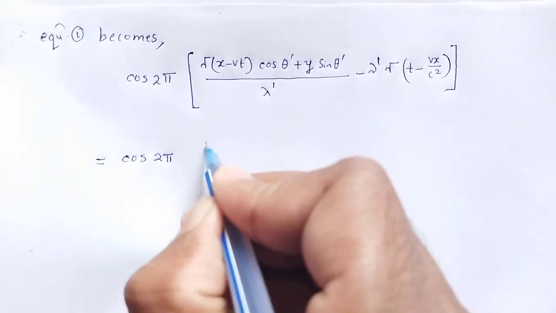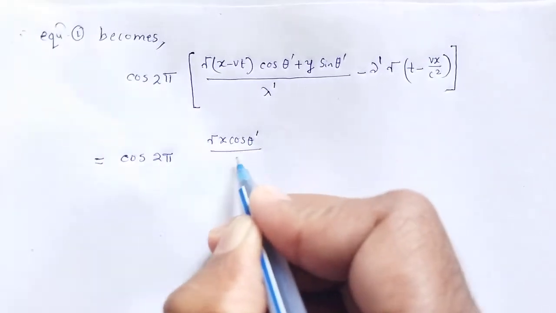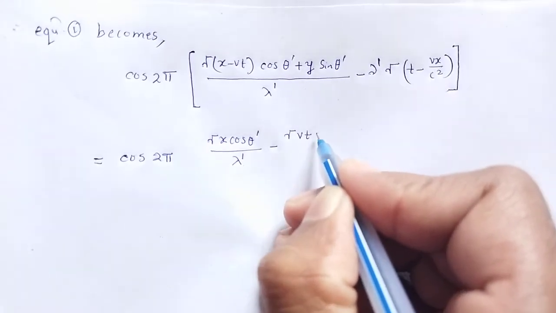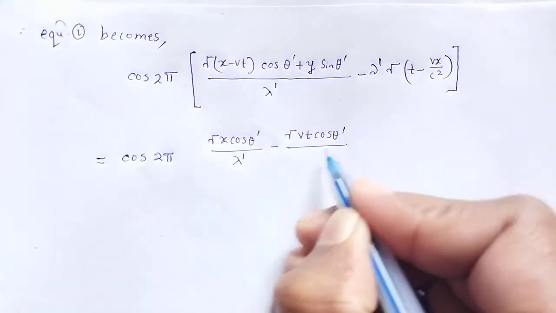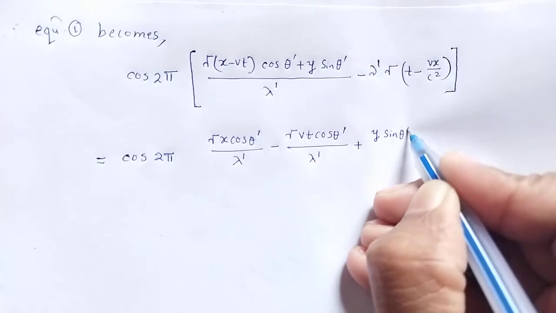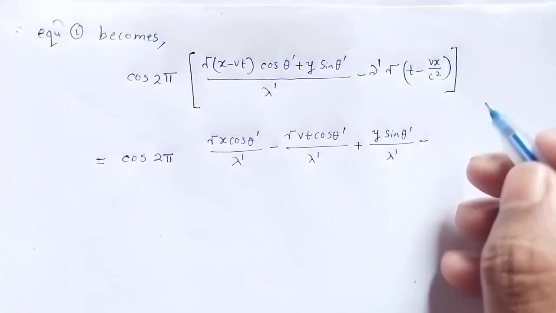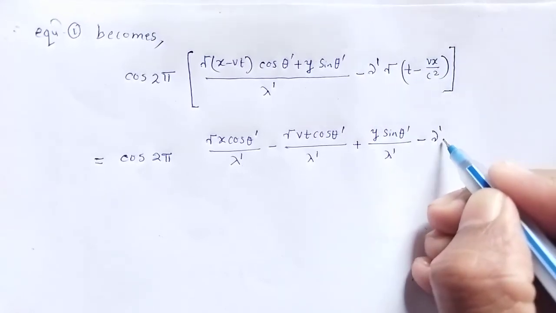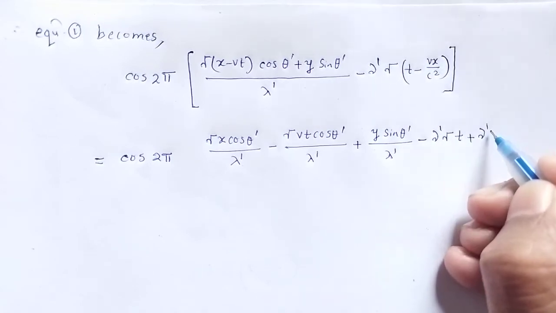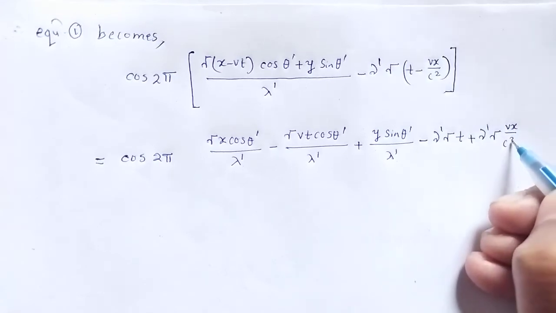Expanding that, we get cos 2 pi times: gamma x cos theta dash by lambda dash, minus gamma v t cos theta dash by lambda dash, plus y sin theta dash by lambda dash, minus nu dash gamma t, plus nu dash gamma v x by c square.